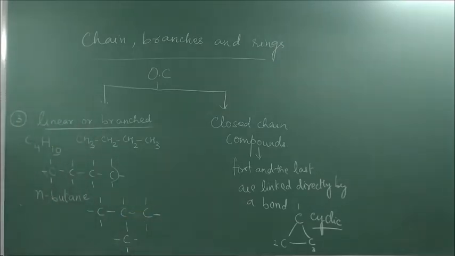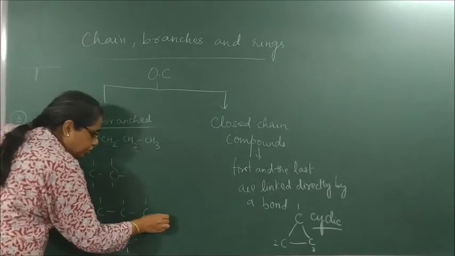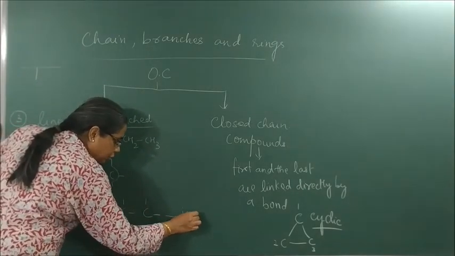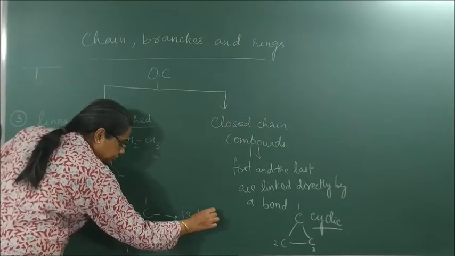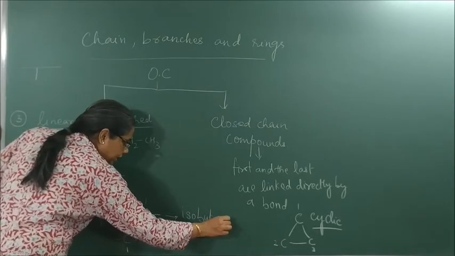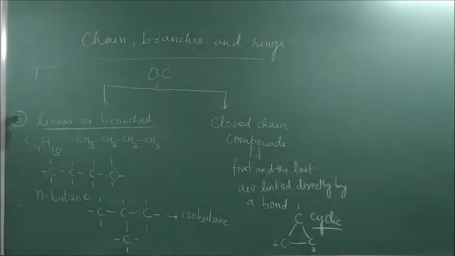Now let us make it one-sided branching. This was my chain, I divided it like this. One-sided branching. This is called isobutane. When there is one-sided branching, the name becomes iso.